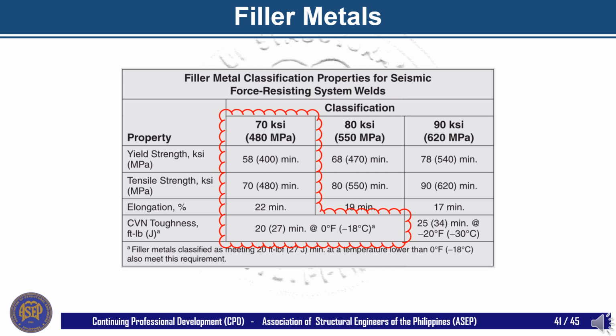So for the typically used E70 electrode, the Charpy V-notch or CVN toughness of the filler metal should be at least 20 pound-foot at 0 degree Fahrenheit. That's approximately minus 18 degree Celsius.